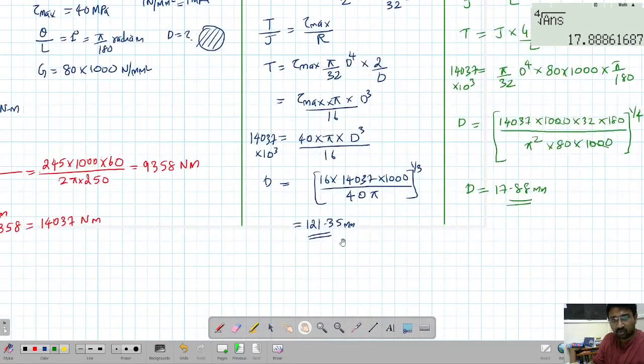So we have to use this 121. So consider 125 mm, so keep it a round figure. We are actually constructing this. So 120, you can give 122 also. So let's say you can say 125 mm because it is a round figure, right? So this is the answer.